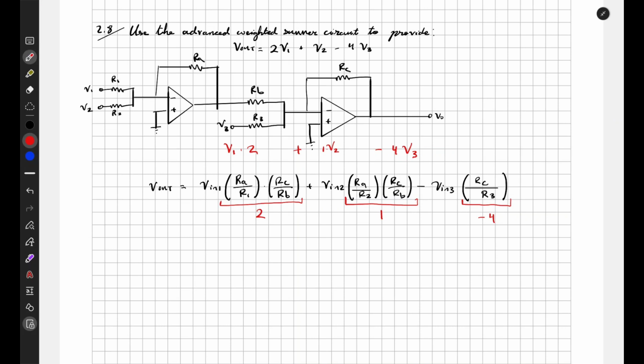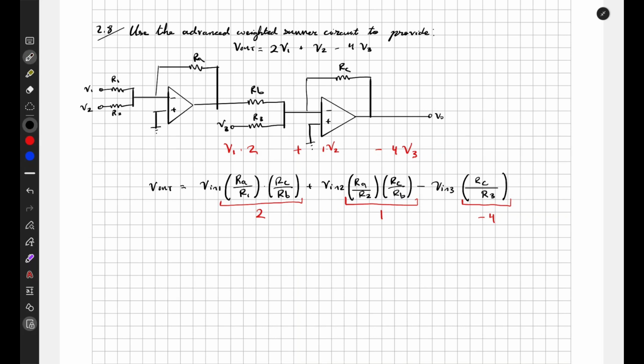Okay. So how can we find the values of all the resistors and the feedbacks and all these things? There are so many resistors here. Actually there are 6 different resistor values. So how can we solve this? Well, just like in the previous practice problem, we pick an initial value for a resistor and then we try to solve for everything accordingly, and we see if our guess was a valid solution.